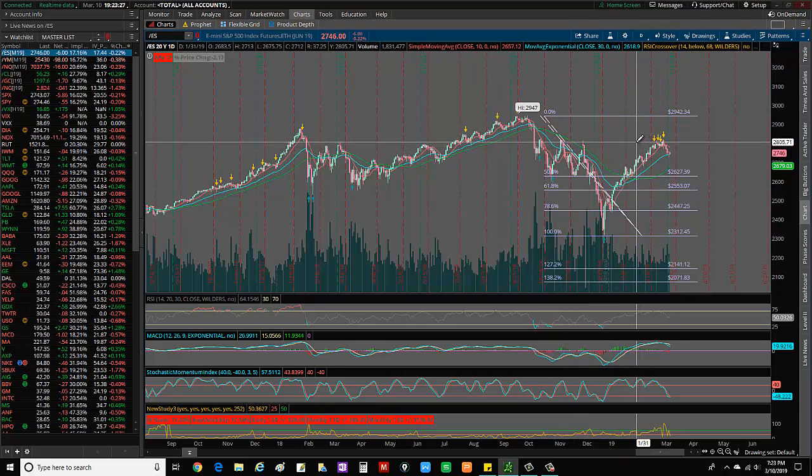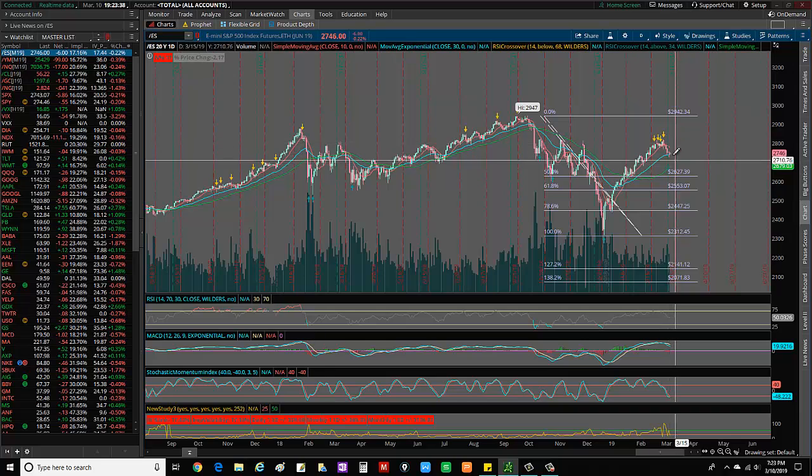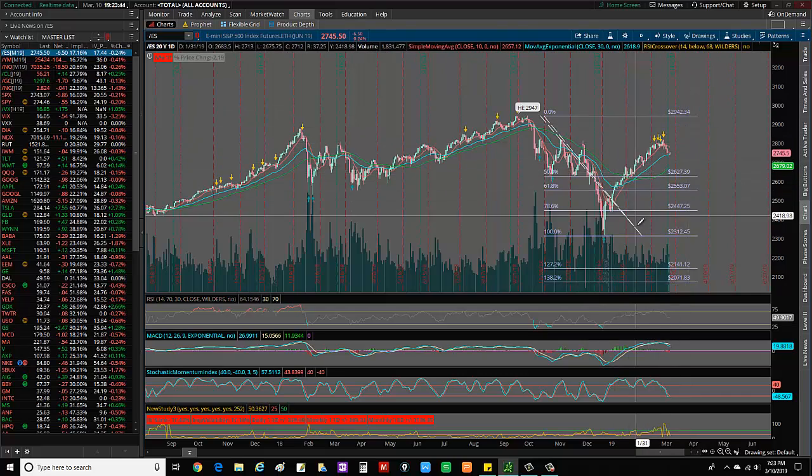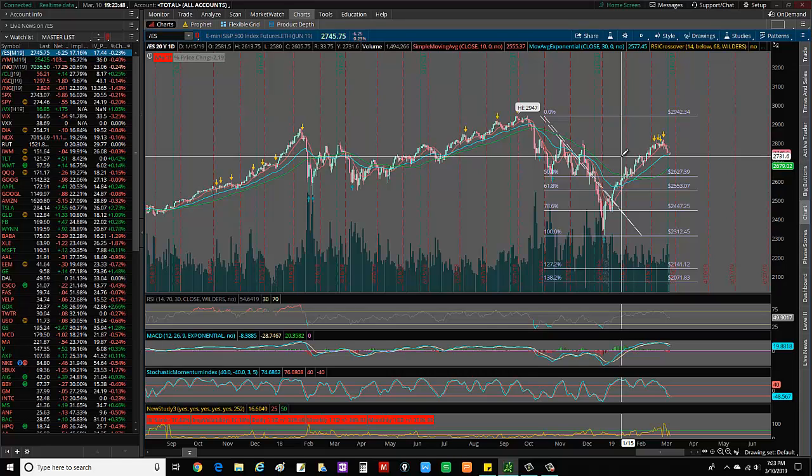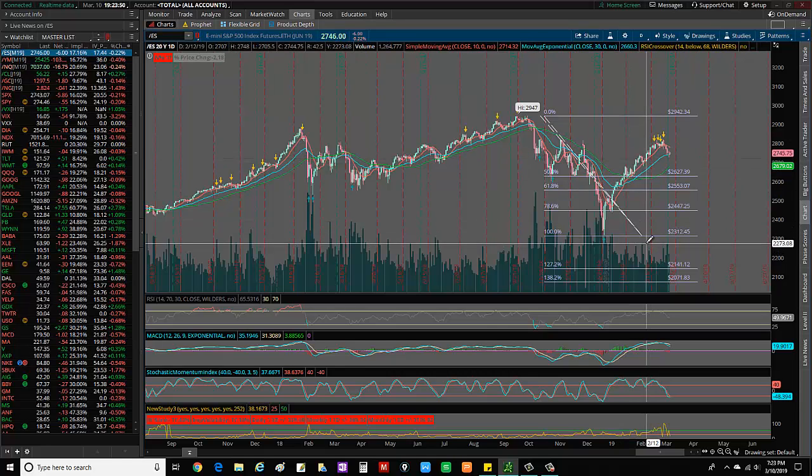It would probably be somewhere about right in here where price has continued to fail over and over again. So my initial feeling about this is that this price is going to pull back down into this 50% line around 26.27, just based on the Fibonacci extension, and assuming price is going to go lower.